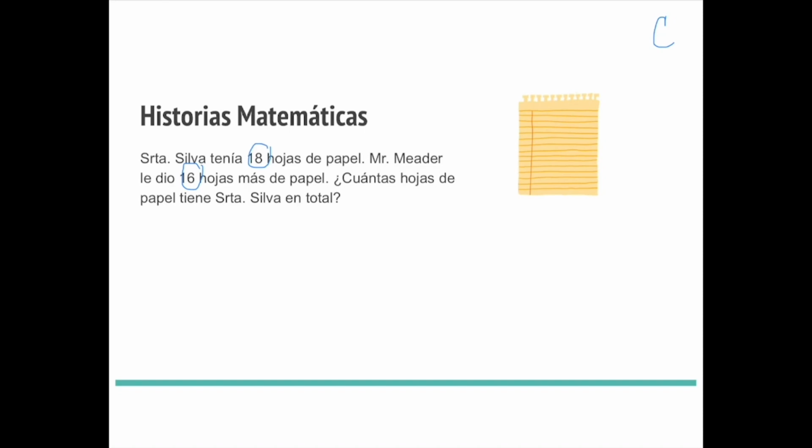Circulo mis números. U. Subrayo la pregunta. ¿Cuántas hojas de papel tiene señorita Silva en total? B. Caja a la palabra importante. Mr. Miller le dio 16 hojas más de papel.